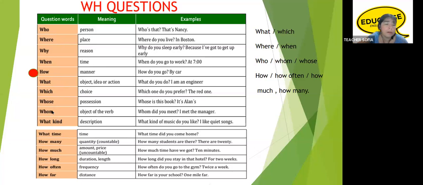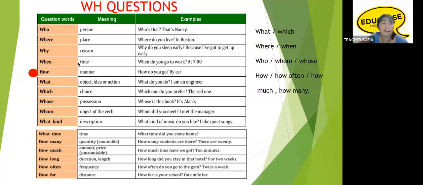Who's, whom, the ones that I mentioned a couple of minutes ago. And here we have some others combined with what kind, what time, and some combined with how many, how much, how long, how often, how far.